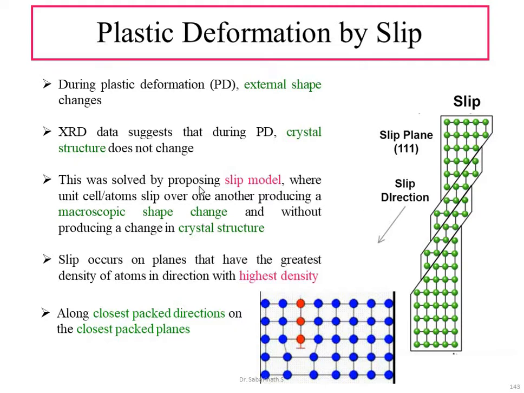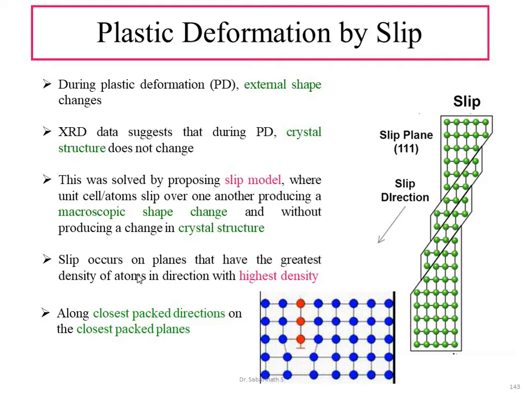So scientists started working on it, and they came up with a model known as the slip model, where the unit cells or the atoms slip over one another, producing a macroscopic shape change without a crystal structure change. The condition is that it occurs on the planes having the greatest density of atoms. Last class we saw the atomic density and various densities.